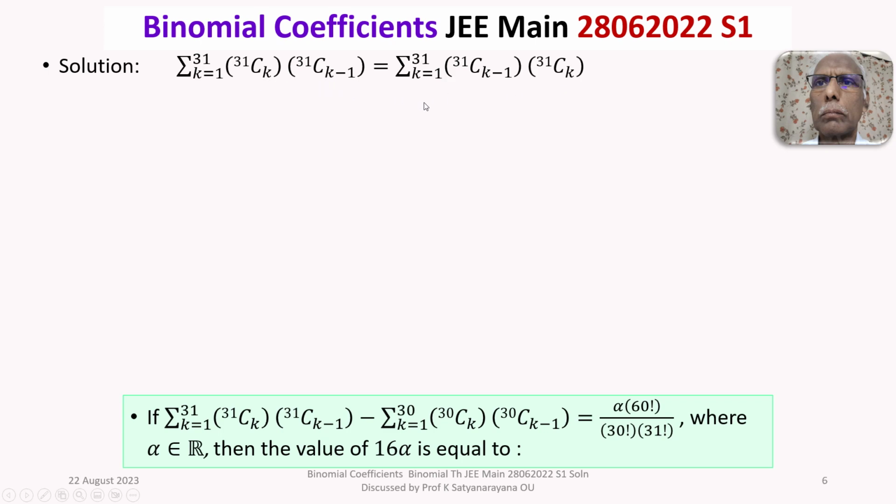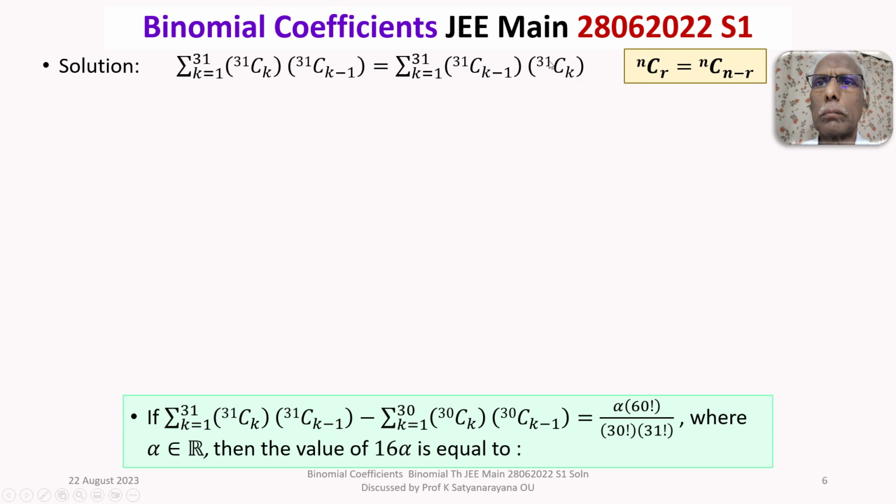So 31Ck multiplied by 31Ck-1 we have written as 31Ck-1 into 31Ck. For this 31Ck we will write 31C(31-k). So what are we using? We are using the fact nCr equals nC(n-r). Here n is 31, r is let us say k. Then nC(n-r) is 31C(31-k).